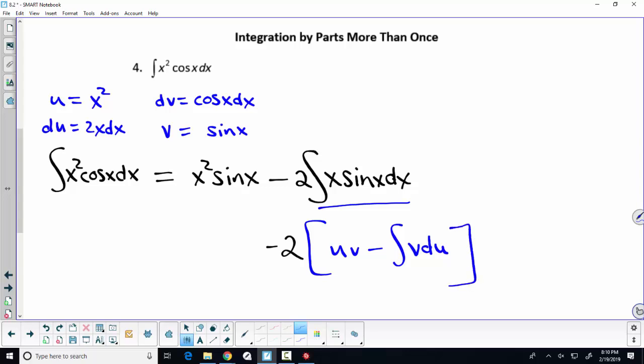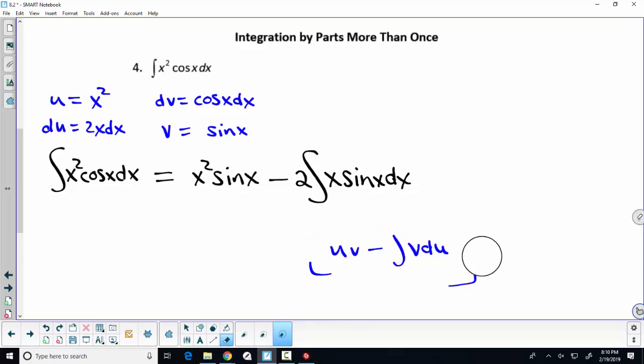You got to remember that constant we take out is affecting both uv and the integral of v du. But there's nothing wrong with taking it out as long as you can keep it where it needs to be. Also, nothing wrong with leaving it in and having that 2x be your new u. Either way is fine.